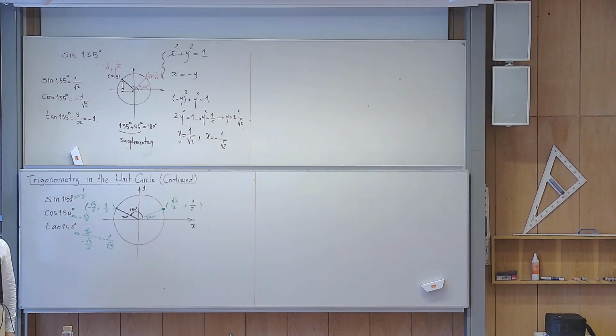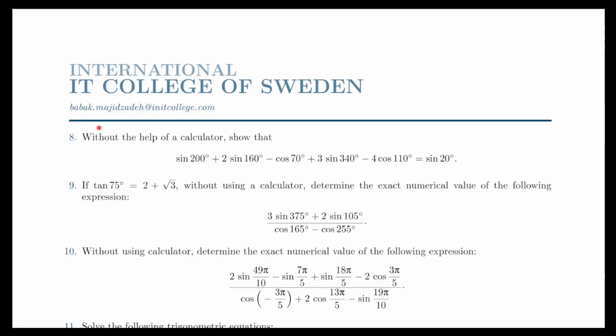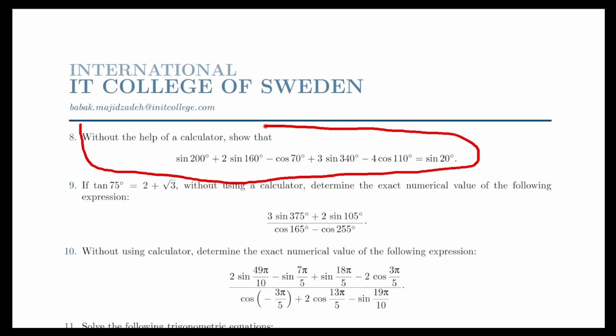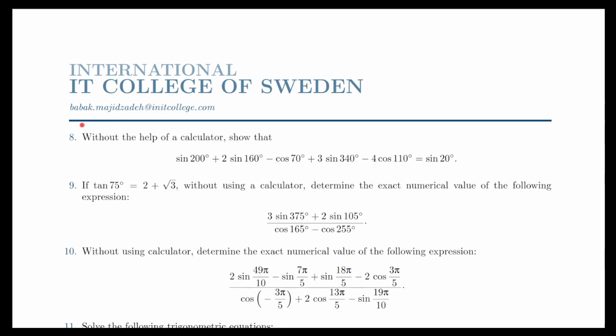Okay. I want to solve a little bit harder problem. So let us just show it to you. So if you can solve this problem, it means that you really understood what is needed and that you have a good understanding of what is going on.